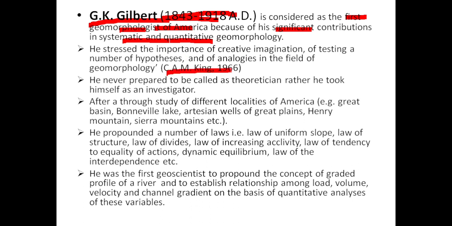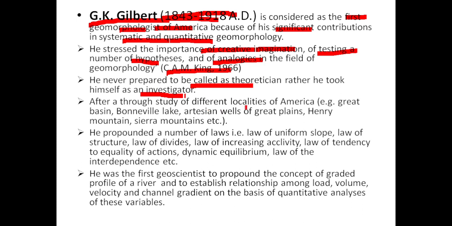According to C.A.M. King, 1966, he stressed the importance of creative imagination, testing a number of hypotheses, and analogies in the field of geomorphology. He never preferred to call himself a theoretician, but took himself as an investigator.